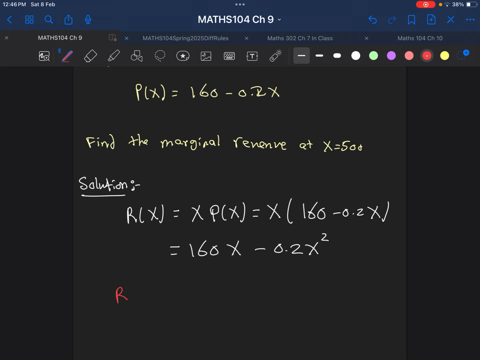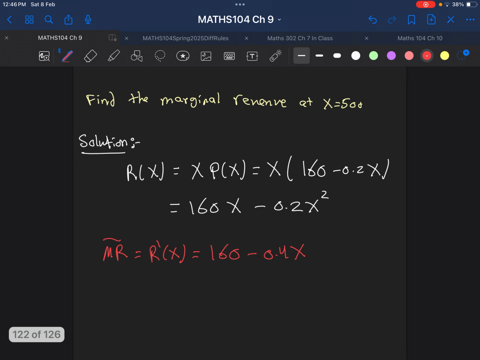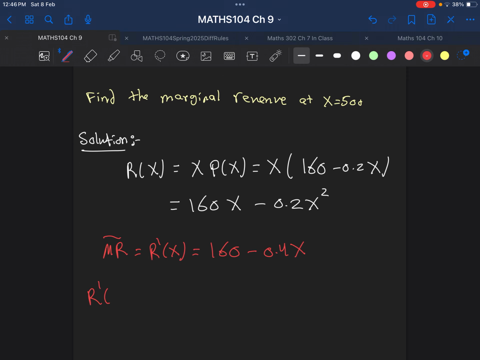And now we can find the marginal revenue from R, which is R prime of x. It will be 160 minus 0.4x. All we need to do is write 500 to find the answer. So we just substitute 500 to get the final answer.